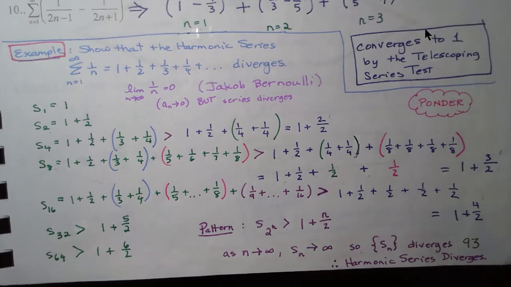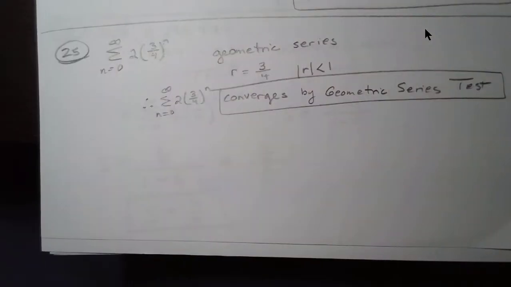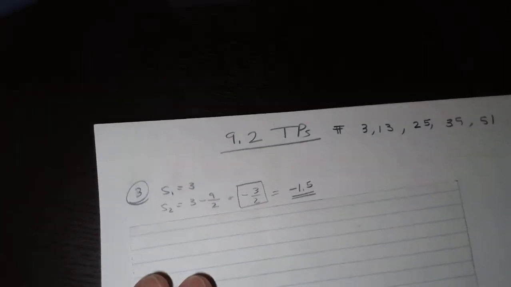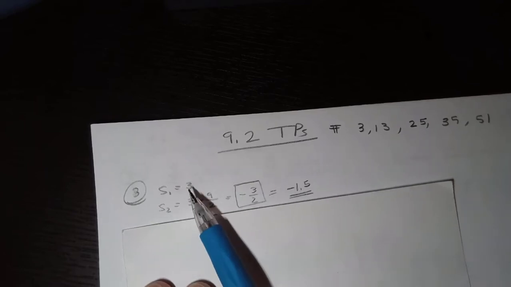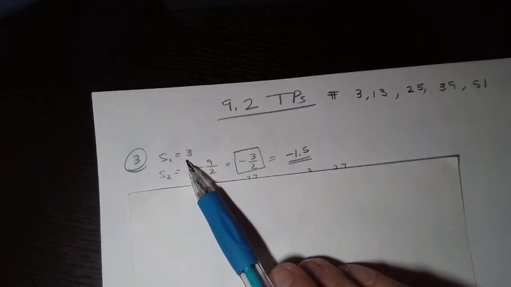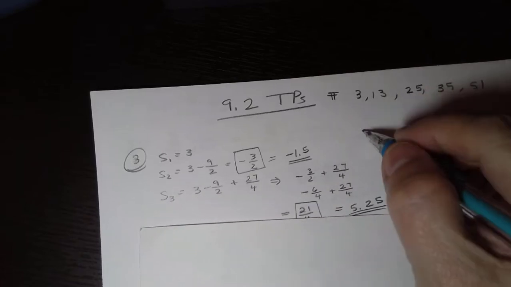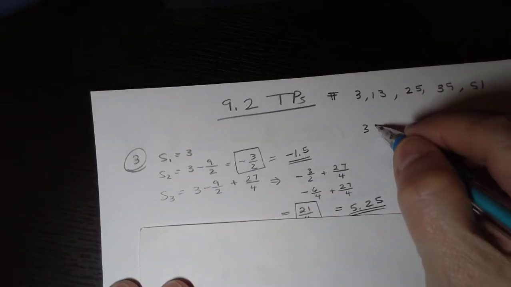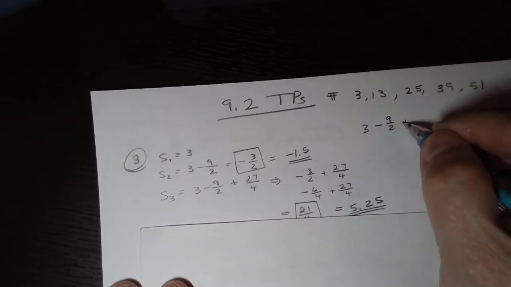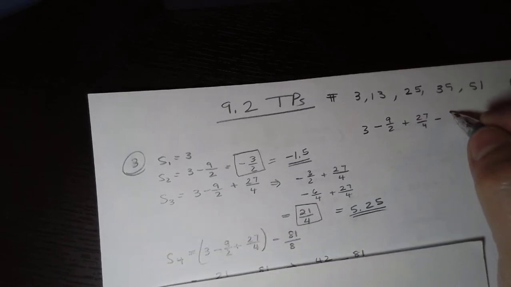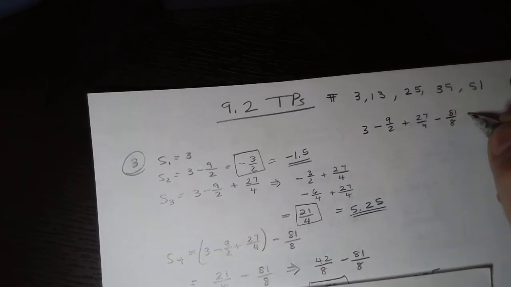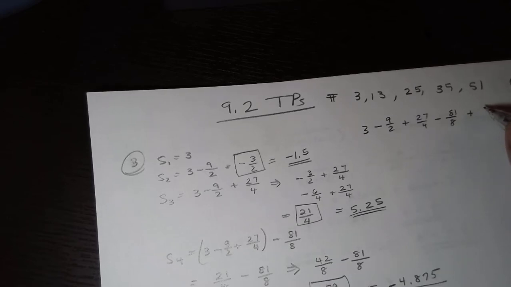And now we're going to go to the TPs from section 9.2. So that example we just did, here we're looking at it here. The series you were given was 3 minus 9/2 plus 27/4 minus 81/8 plus 243/16.